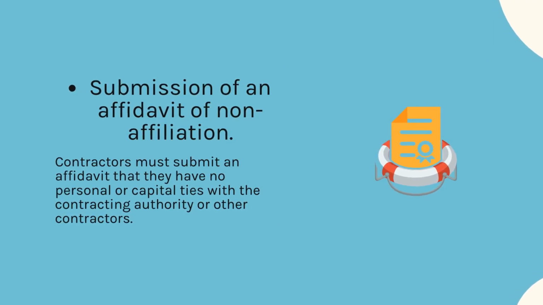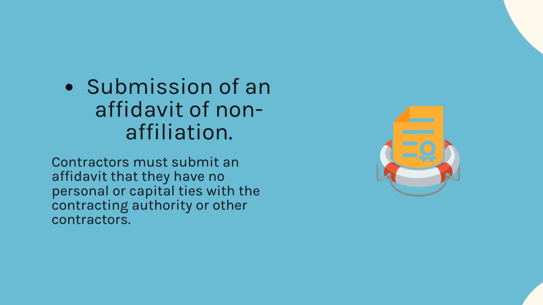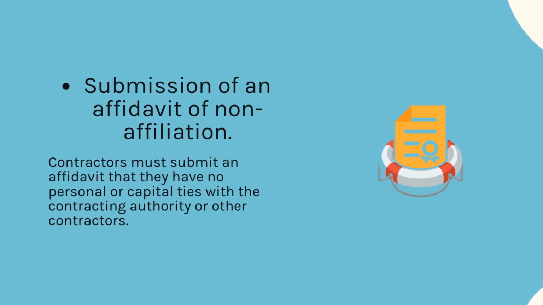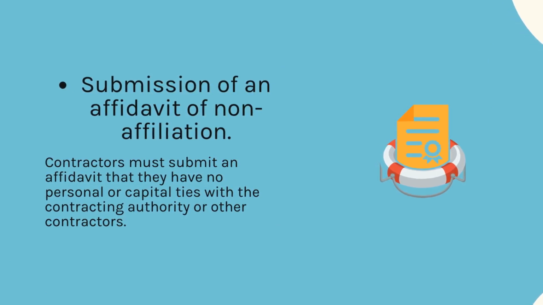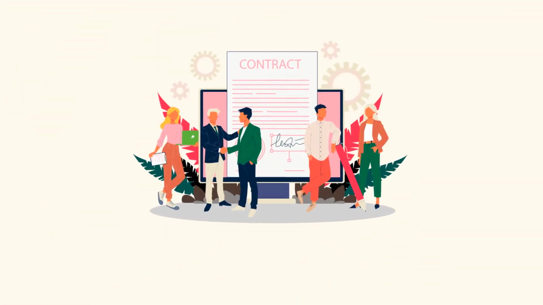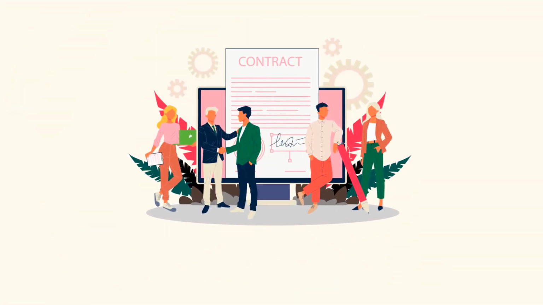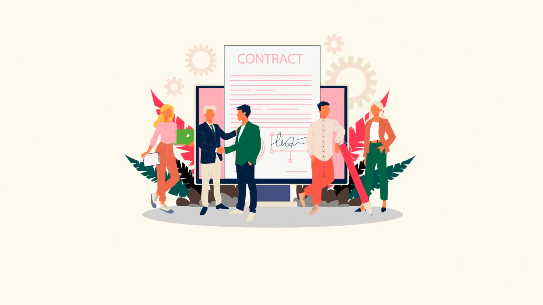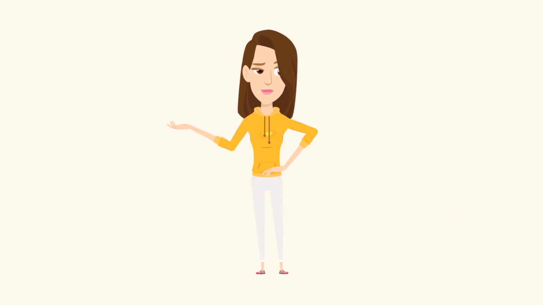Contractors must submit an affidavit that they have no personal or capital ties with the contracting authority or other contractors. Note that formal requirements may vary depending on the type of contract and the value of the contract. These requirements should always be carefully checked and met to avoid rejection of a bid on formal grounds.